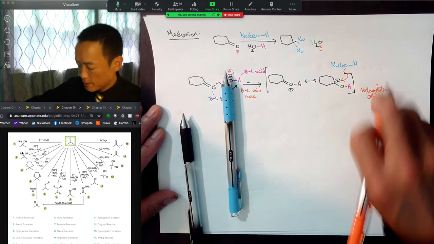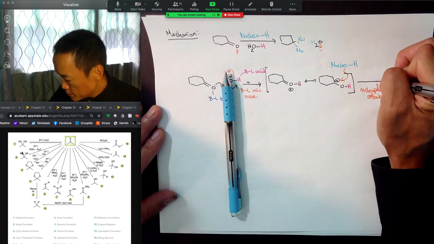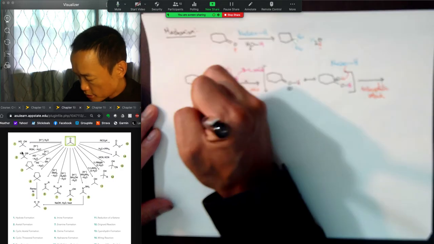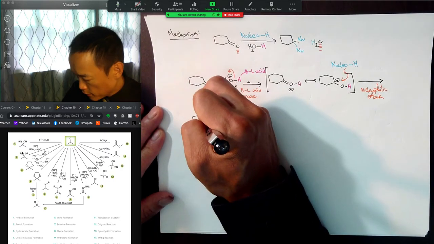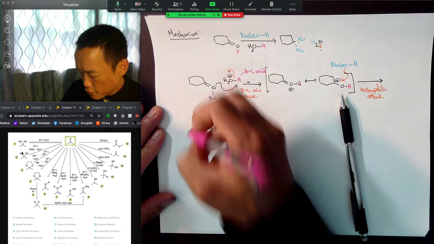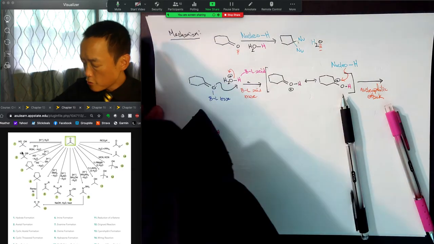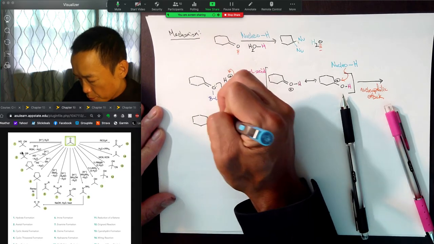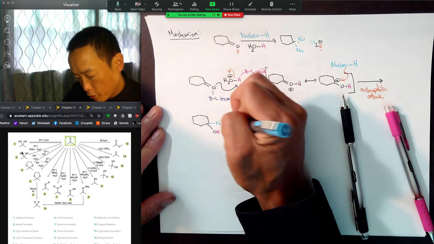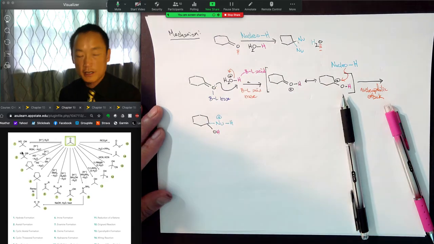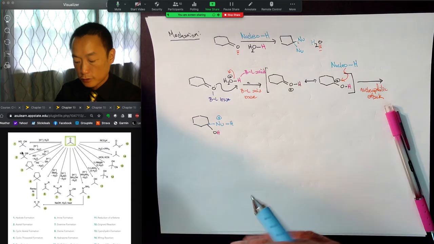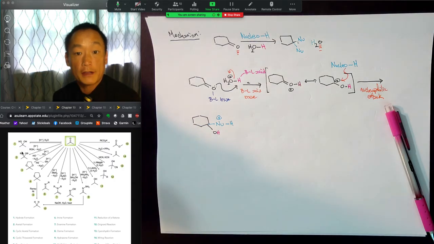Nucleophilic attack should give rise to the addition of our nucleophile to that carbon. But keep in mind, this nucleophile now has a proton on it, and so we're going to have to do something about that. But certainly, that is how that new nucleophile carbon bond is in fact formed.